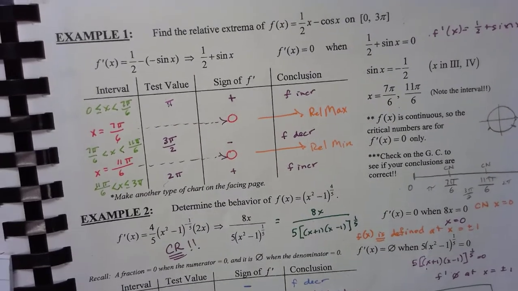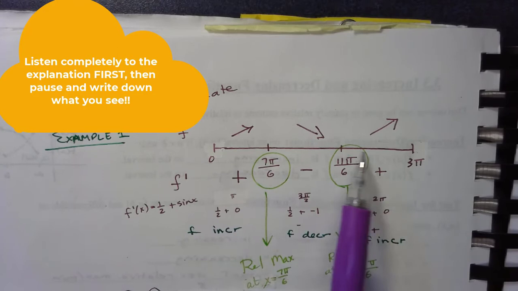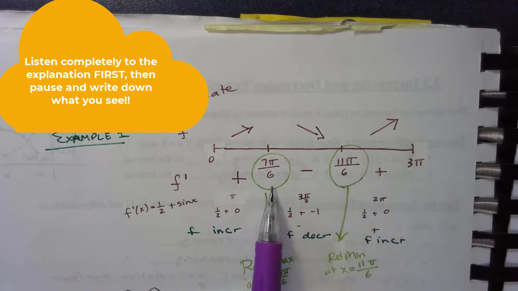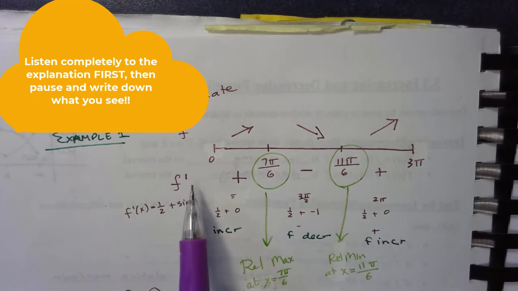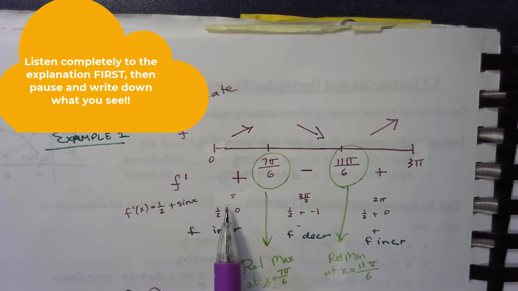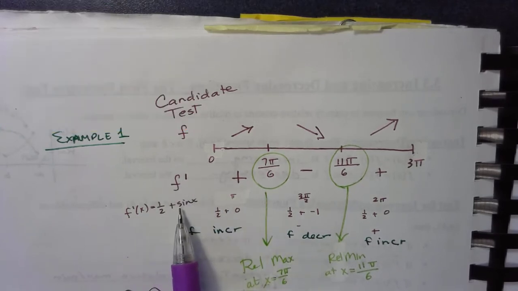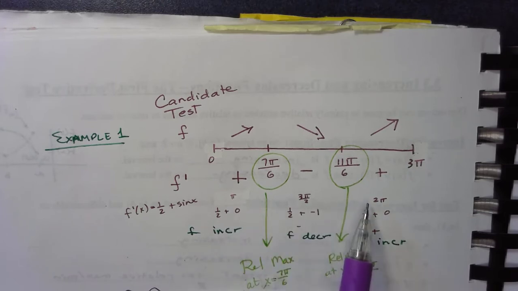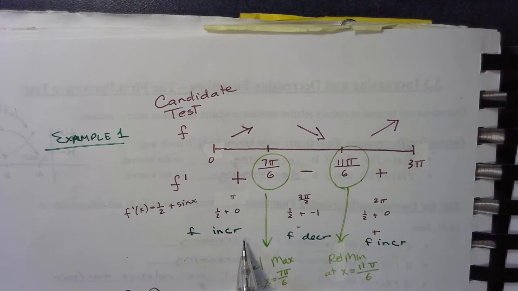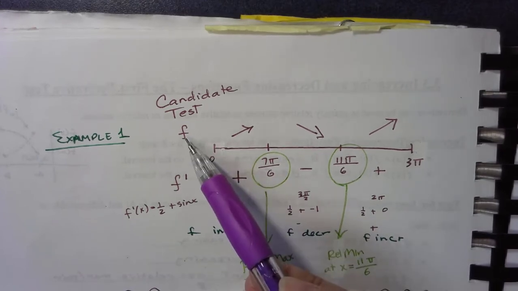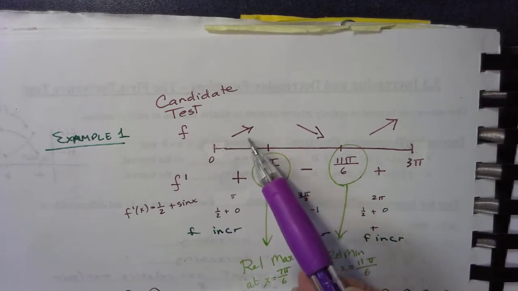Here is another way. Here's my number line from 0 to 3 pi, my 7 pi over 6, my 11 pi over 6. Notice I'm going to state f prime, and here's what my f prime function is. Here's the numbers I tried. I wrote those real little, and I found f prime to be positive, so I concluded f was increasing, and I can up here with f draw an arrow that's going up.